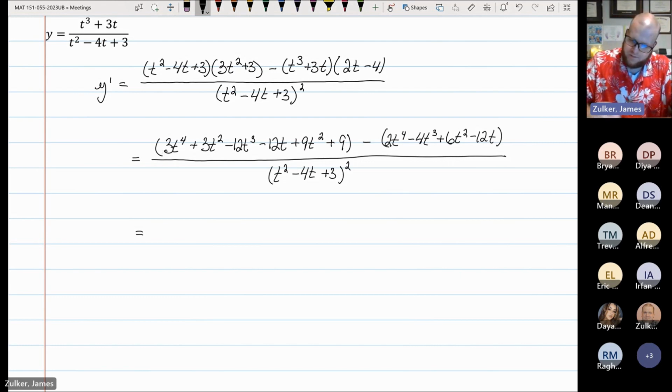So what? T to the fourth, so 3 minus 2, we're going to have a t to the fourth. Let's do cubes. Negative 12 plus 4, negative 8t cubed. T squared, we're going to have 3 and 9 is 12 minus 6, so plus 6t squared.